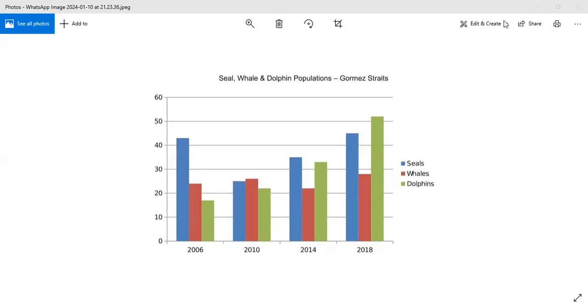Sorry to interrupt you. Just share whatever you have written in your copy. Some participants will think that they have to say things like the blue bar refers to seals, the red bar refers to whales, and they may misunderstand. So just share whatever you have written in your copy. Just start.